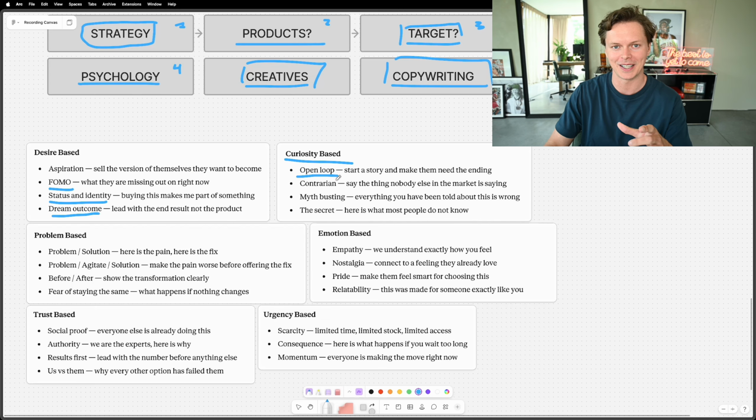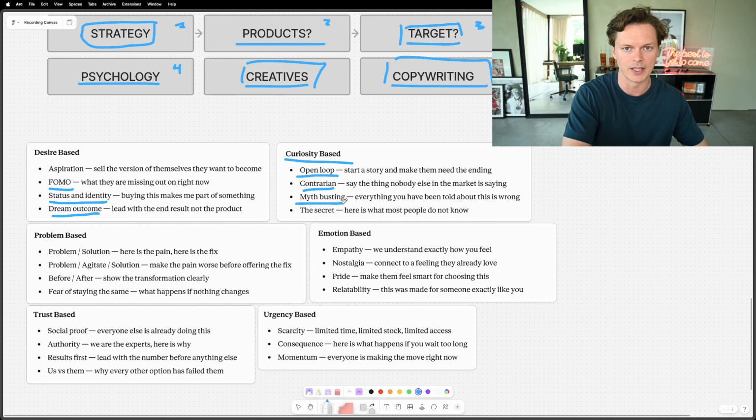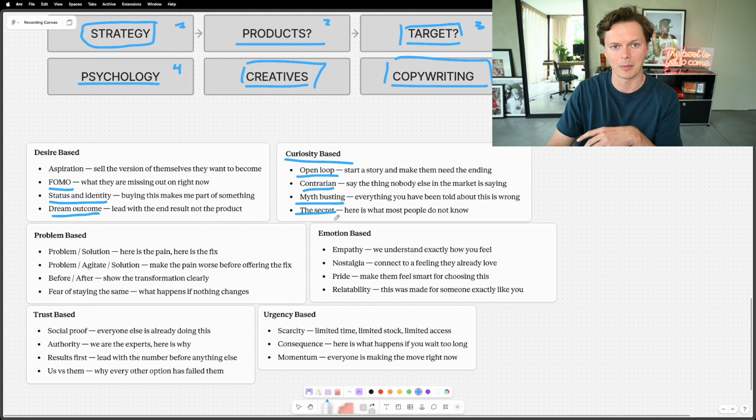Curiosity based, an open loop, right? Don't close the gap, like a cliffhanger, if you will. Really good in psychology. Contrarian, say something controversial and then work your way backwards, right? Very, very powerful. Myth busting. You don't need this, you only need that, right? You don't need to see a doctor, you only need this supplement. The secret, something that's very well kept, right?